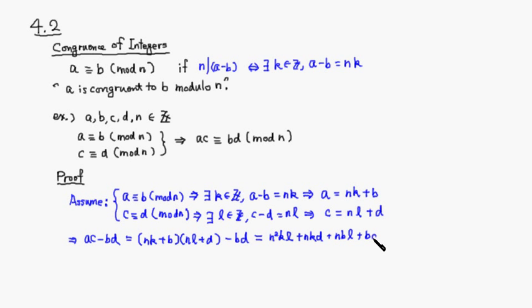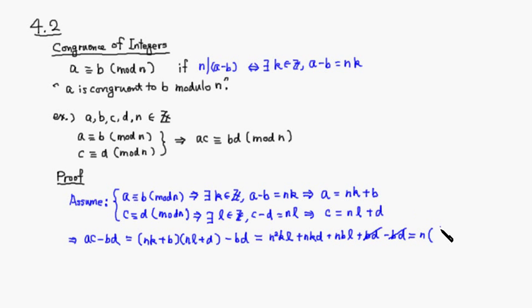Just multiply it out. And we still have minus BD, which is very convenient because that is the only term which doesn't have n, and they cancel out anyway. Then you can see that every single term has n in it, so I'm going to factor out n.